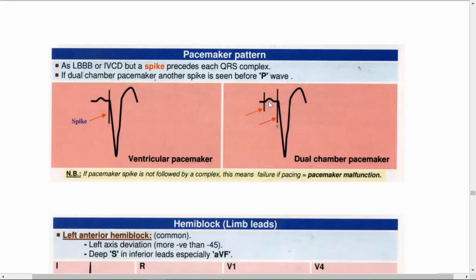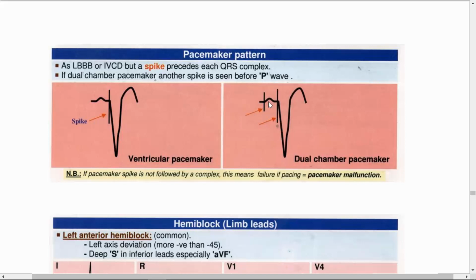Clear? If there is a young patient, 40 years old, and well functioning, complaining of complete heart block. What's the mode? Dual, maybe, according to the finances.